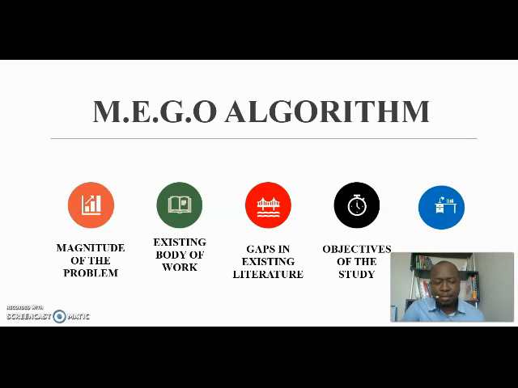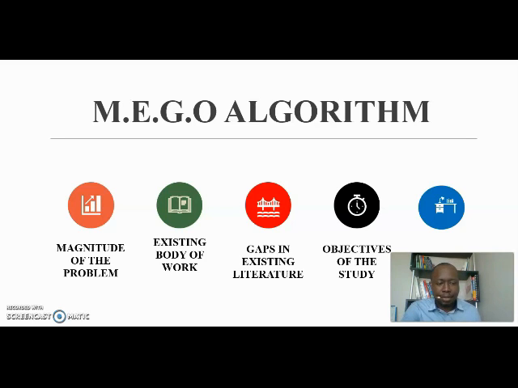The second step, you move to the writing part of your literature review. During the writing part, you follow the Mego algorithm. This is a standardized way of writing a literature review across the board. Most of the literature you will be reading, regardless of your field, would contain those 4 components, the Mego algorithm.